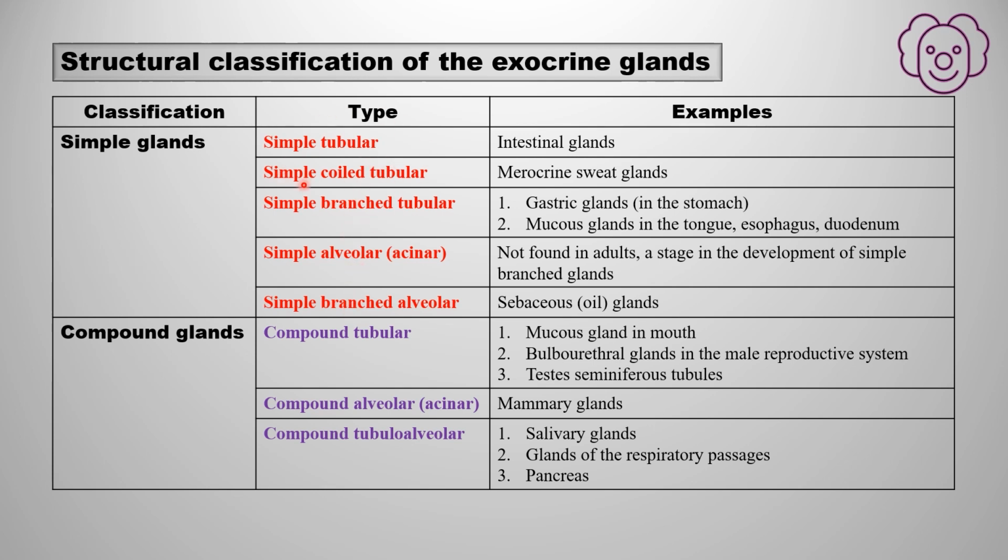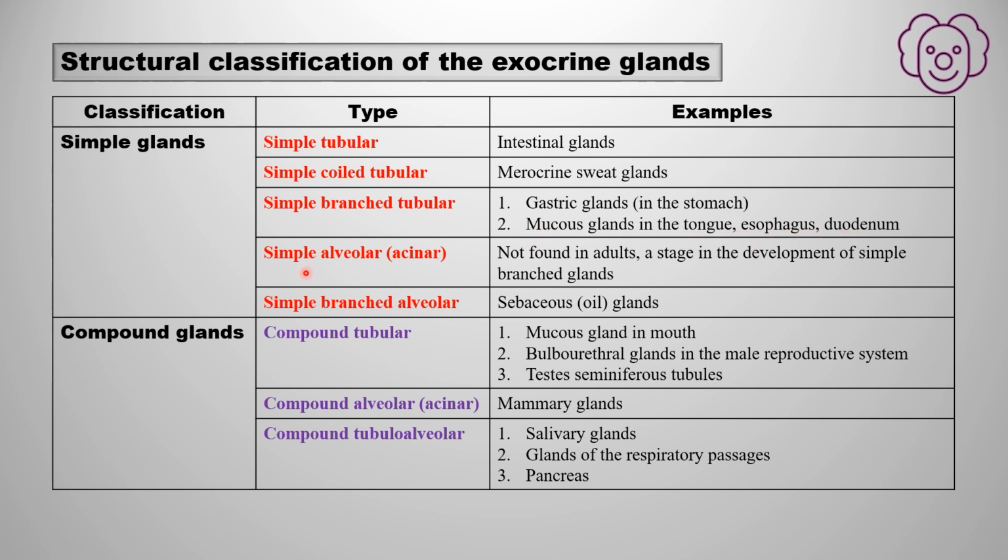So here we have 5 simple and 3 compound. The first one is called simple tubular, and we find them in the intestinal glands. Simple coiled tubular, we find them in the merocrine sweat glands. And simple branched tubular in the gastric glands in the stomach, and mucus glands in the tongue, esophagus, and duodenum.